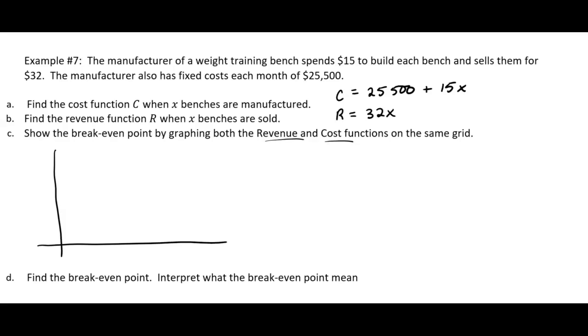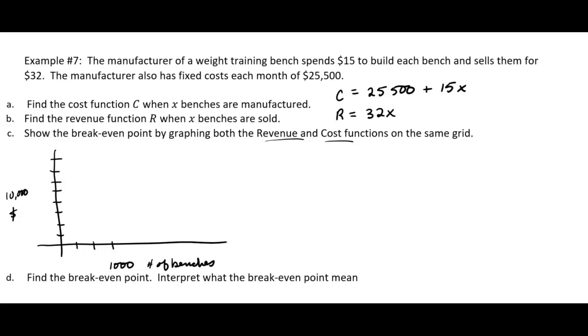So this is going to be my amount, and I'm going to go by 10,000s: 1, 2, 3, 4, 5, 6, 7, 8. All right. And then down here, I'm going to count 1, 2, 3, and these are each going to be 1,000. And that's the number of benches.